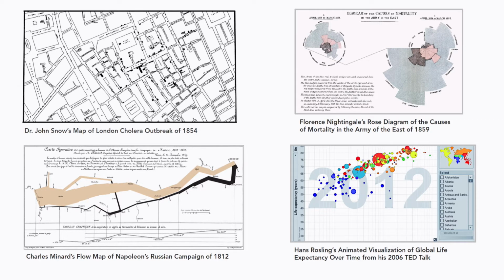Charles Minard elegantly put together many dimensions into one visualization detailing Napoleon's march, showing population, temperature, direction, time, all together in this classic visualization. And not nearly as historic, but almost as iconic, Hans Rosling wowed the world with his animated visualization of life expectancy over time in his 2006 TED Talk.